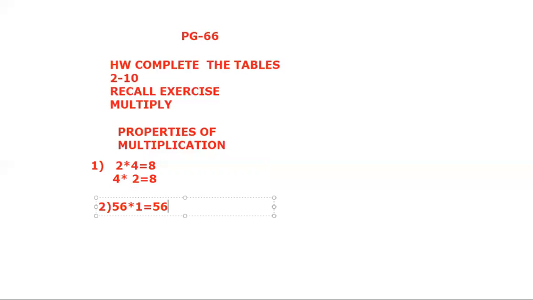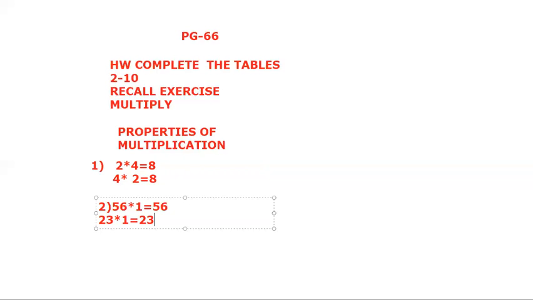Any number that you multiply with 1, the product will be that very number. Clear? Now, 23 into 1, the answer will be 23. Any number when multiplied by 1, the product is always the very number. This is another property of multiplication. Clear? These things must be clear in your mind.